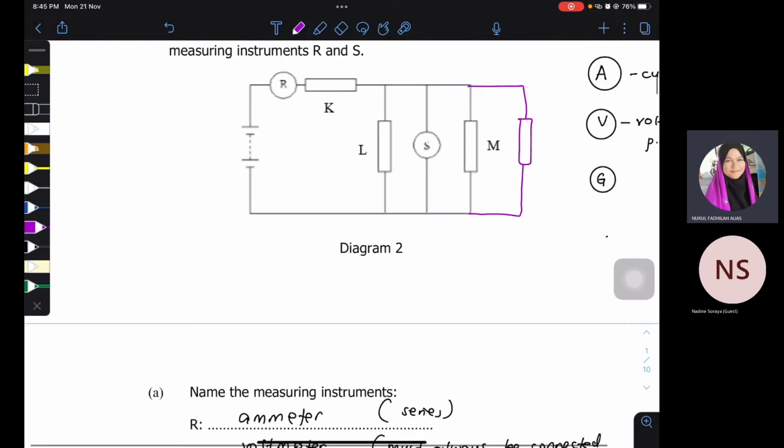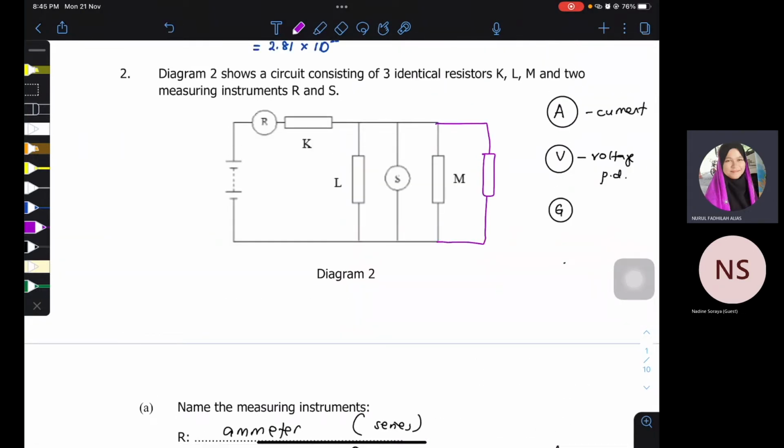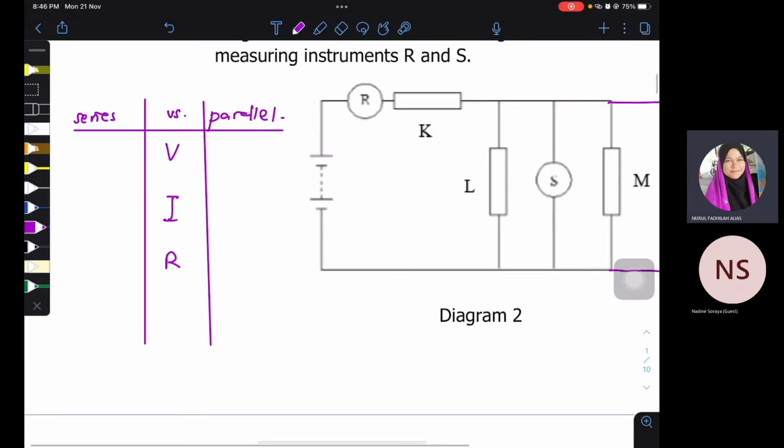Ada satu subtopik, topik voltage and current. Kat sini, kalau kita buat comparison, we have series circuit, we have parallel circuit. Soalan ni selalu ada dalam paper 1. You kena tahu apa jadi pada voltage, pada current, pada resistance in series versus when they are in parallel.